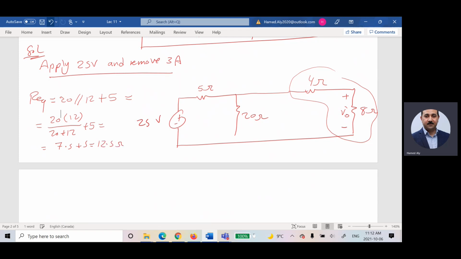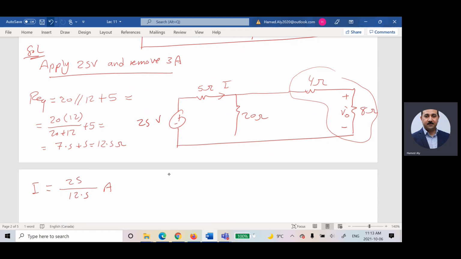Am I right, guys? Now, I'll calculate the current here, which is I. So the current I should be equal to 25 divided by 12.5 amps.